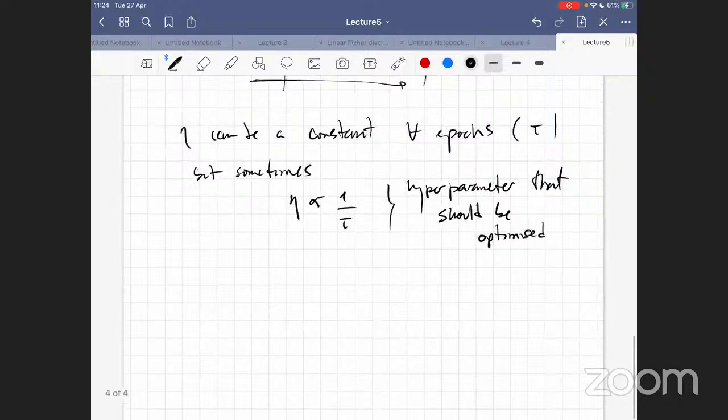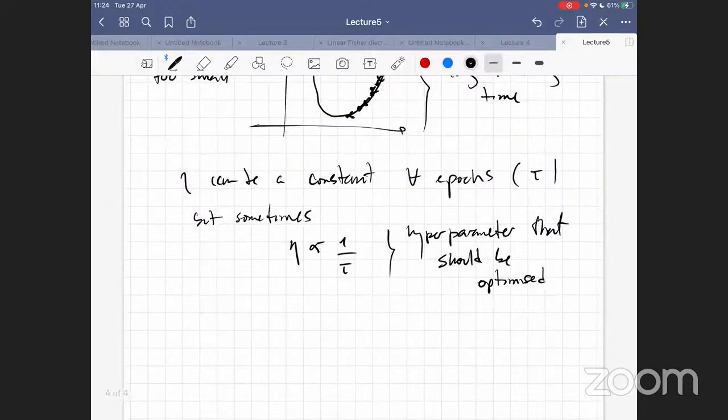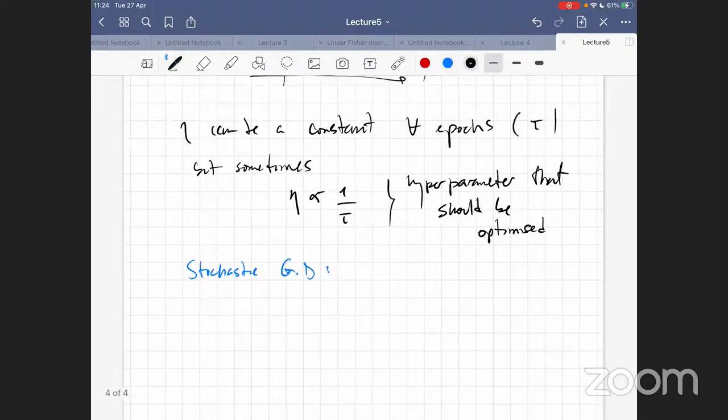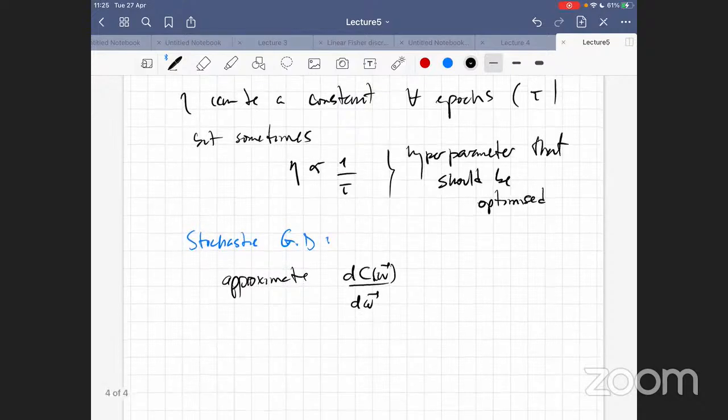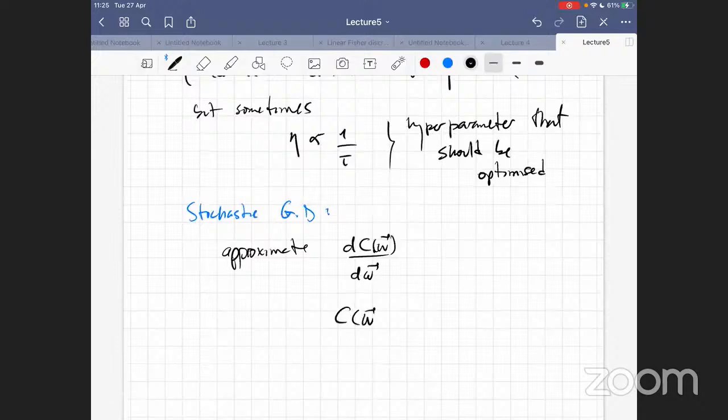Now to close with this parenthesis, the stochastic version of it, stochastic gradient descent. It is a way to approximate the whole object. This is the whole derivative here, of the cost function. Remember that it is quite typical to have a cost function of this form, a sum from 1 to n of c_i(w).